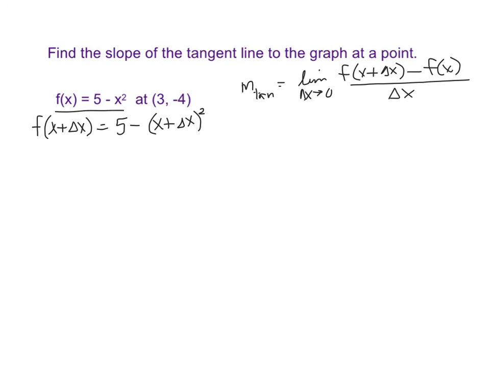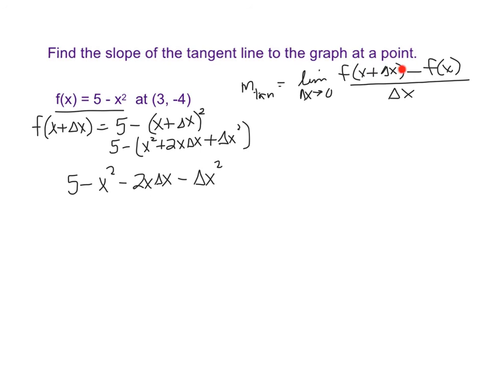I've got 5 minus x squared plus 2x delta x plus delta x squared. I'm just multiplying it out. And then I'm going to have 5 minus x squared minus 2x delta x minus delta x squared.